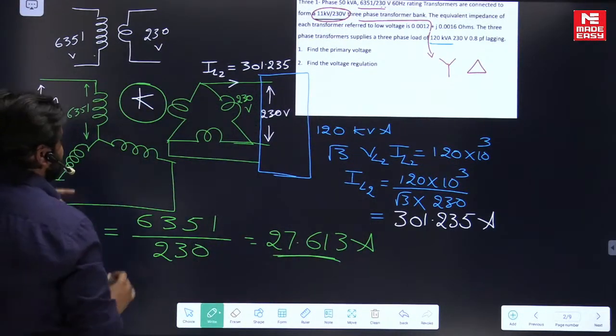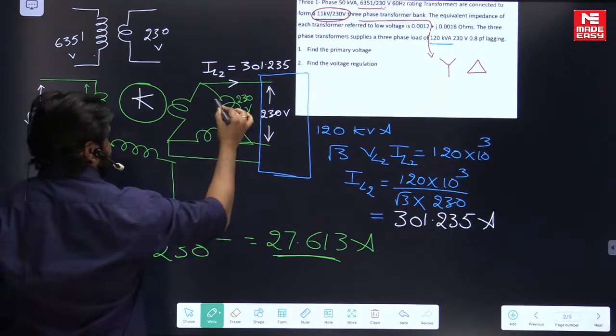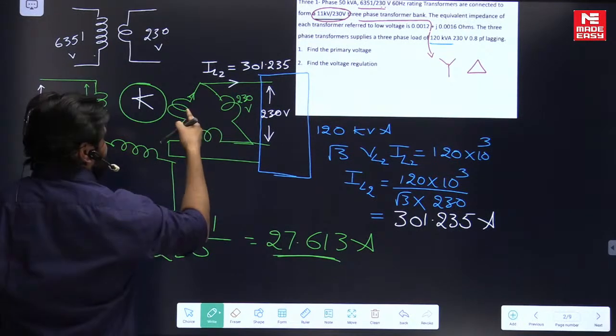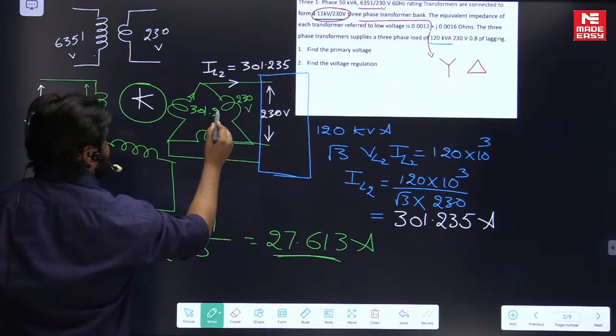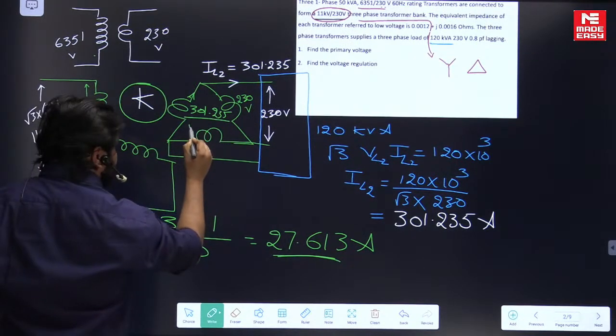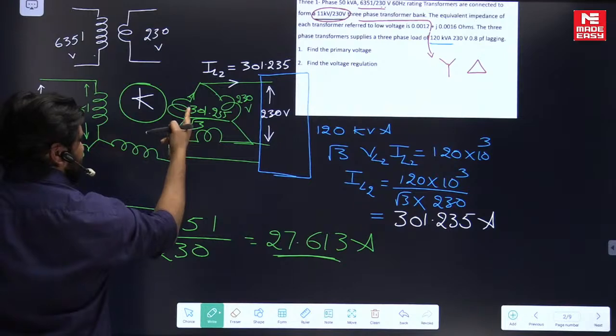So what I want to convey is, using K, if you know what the current is here, first the phase value. So the phase value here is 301.235 by root 3. Because this is a delta connected transformer, the phase current is line current by root 3.